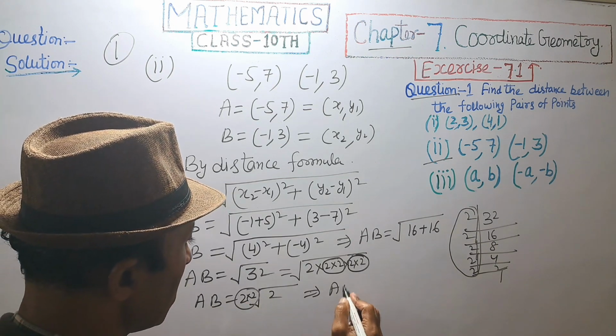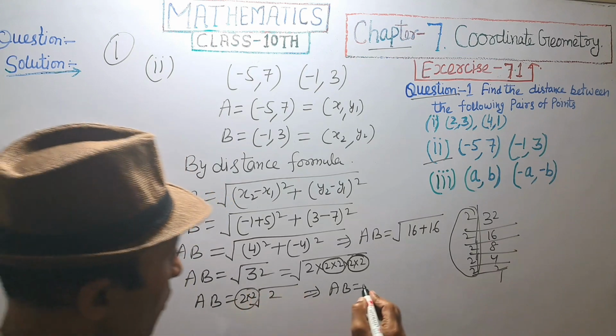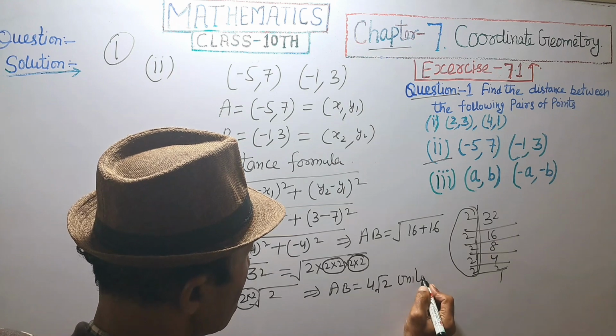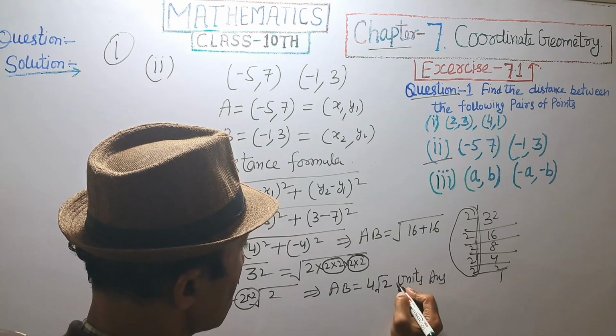This implies AB is equal to 4 root 2 units. Answer.